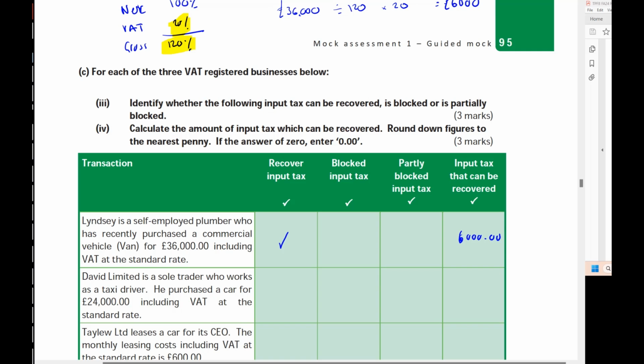Next one. David Limited is a sole trader who works as a taxi driver who purchased a car for £24,000, including VAT at the standard rate. Interesting, because we just said cars, you cannot reclaim the VAT on unless they have negligible personal use. I gave you the example of a funeral car. The other example is a taxi. You are allowed to claim the VAT on a taxi.